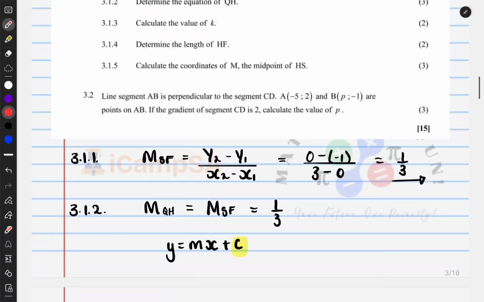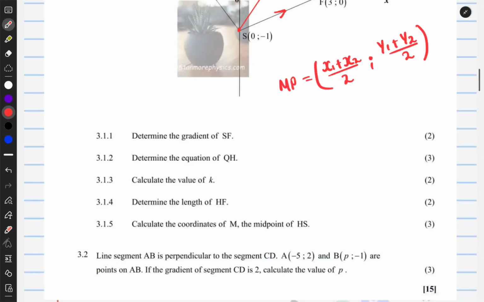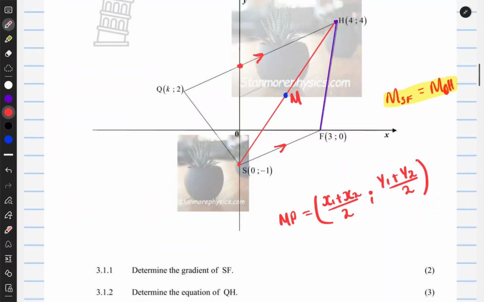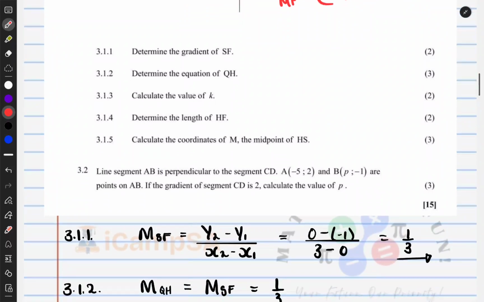Then from there we are told, for 3.2, that line segment AB is perpendicular to segment CD. We are no longer referring to the diagram here. We are just told about these two lines which are perpendicular, so let's try to draw a sketch. Since segment CD has a gradient of 2, it's the one with the positive gradient.